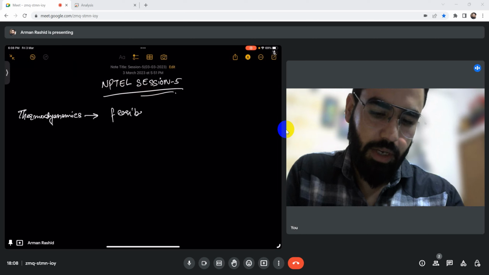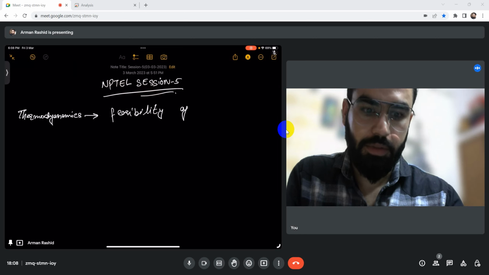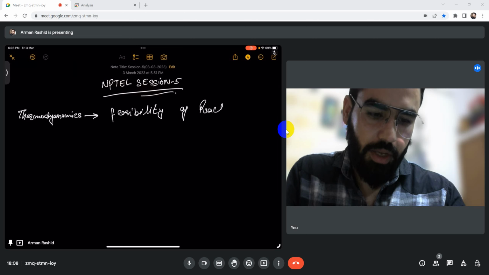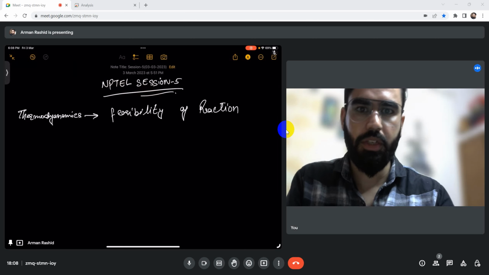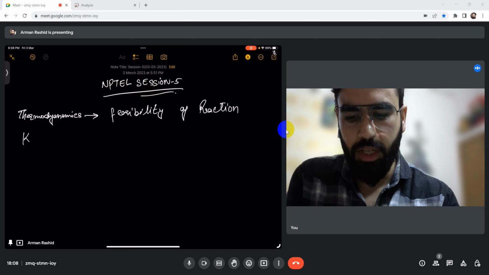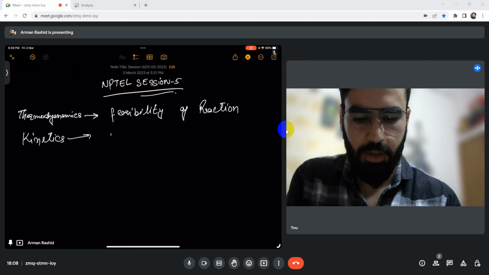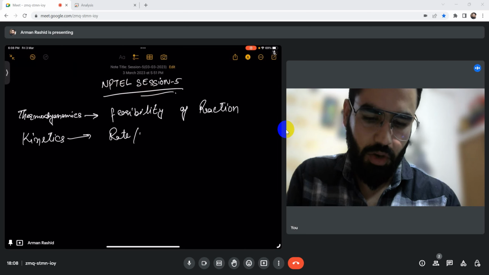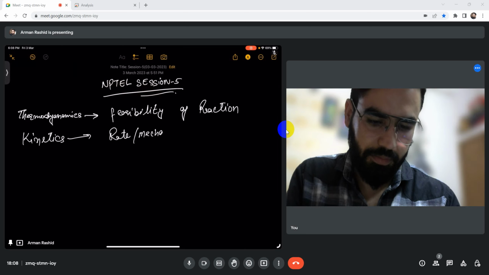Feasibility means it will tell us whether a reaction is going to happen or not, but it doesn't tell us how the reaction will proceed or what the rate of the reaction will be. Those concepts are given by kinetics: the rate of a reaction, and the mechanism of a reaction.